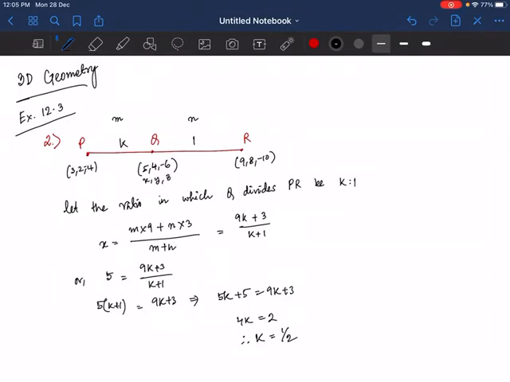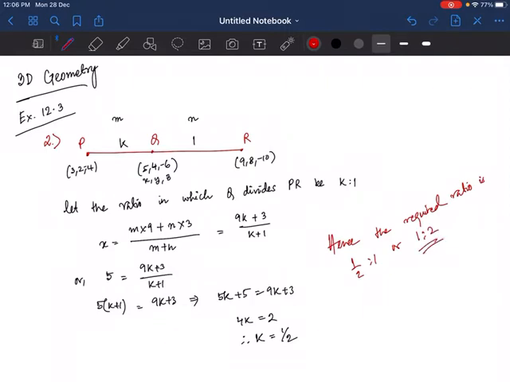So the ratio will be what? I will write here, hence the required ratio is, we have K is to 1 as the ratio, right? So half is to 1, or we can write here 1 is to 2.